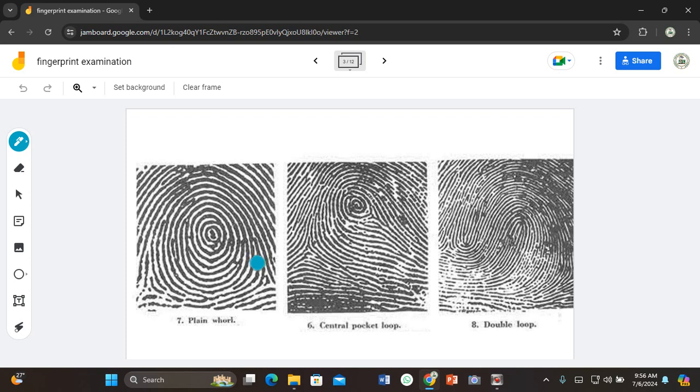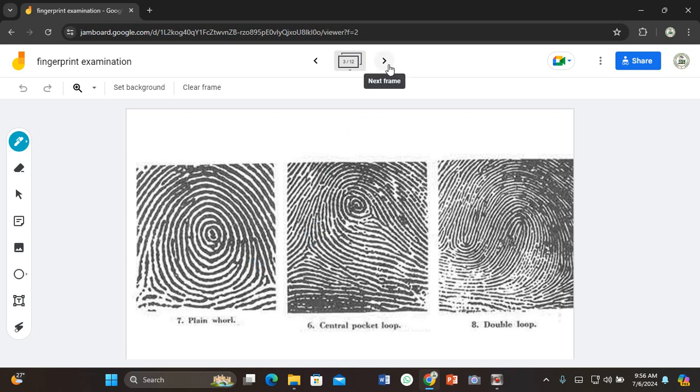So in the whorl group, we have four subdivisions: plain whorl, central pocket loop, double loop, and accidental loop.